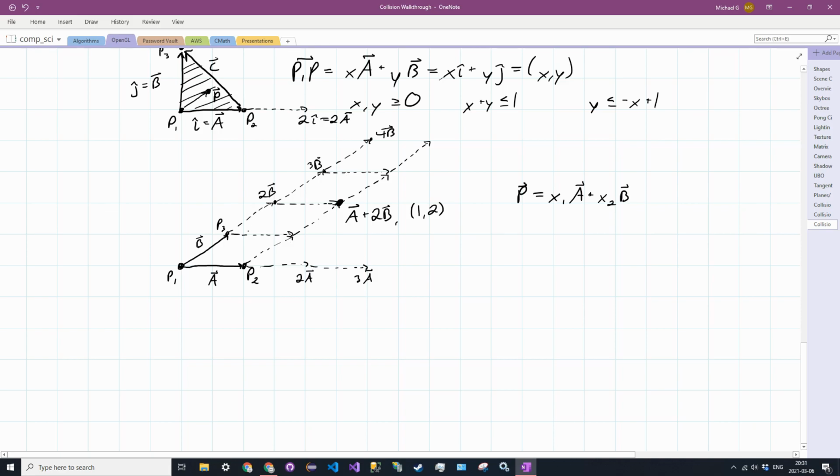The same analysis with determining the components. So let's make this a little bigger here. So we have P3, P2.